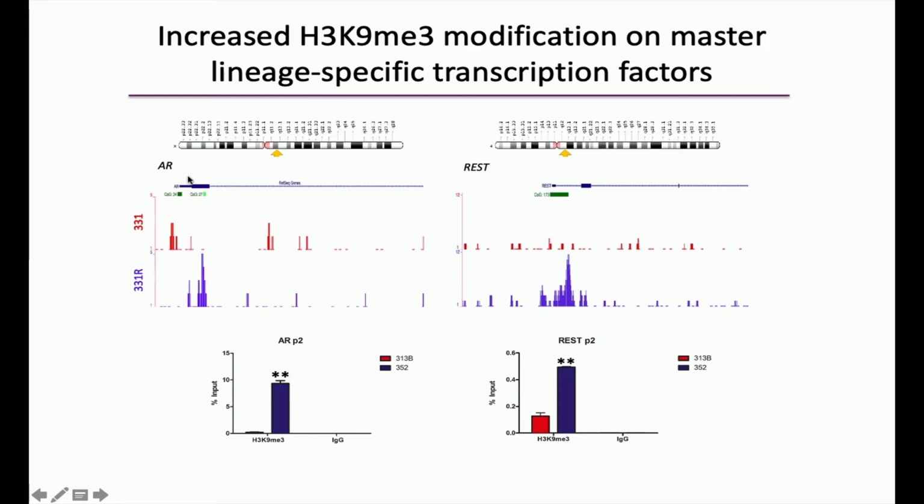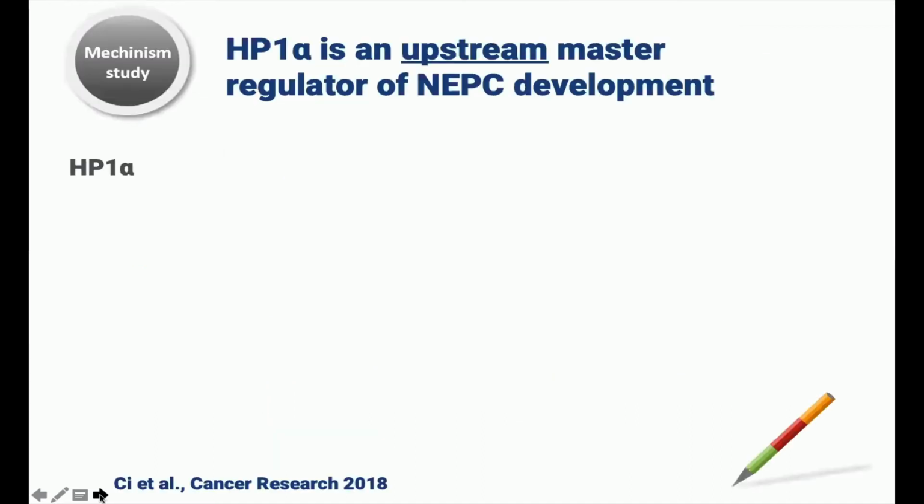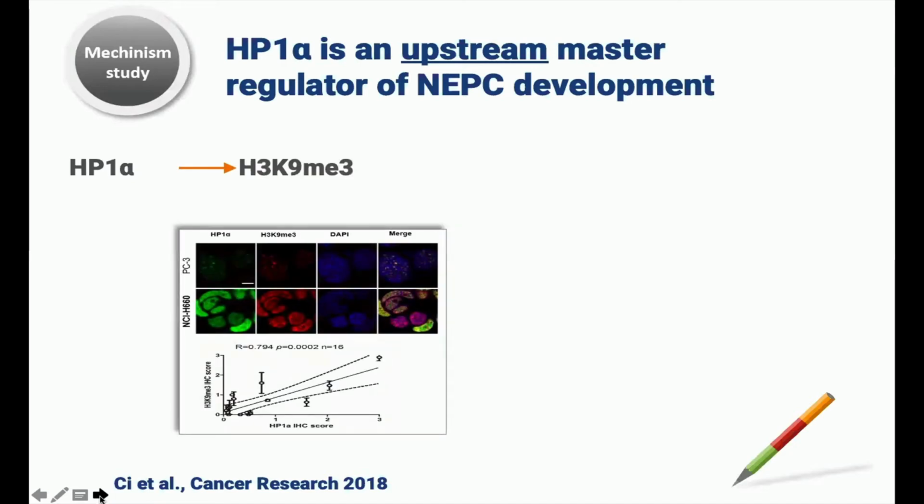You can see that in NEPC, the H3K9 is increased in the AR and REST promoter region. That's the data from ChIP sequencing and ChIP PCR.